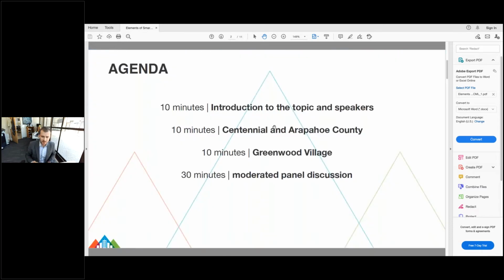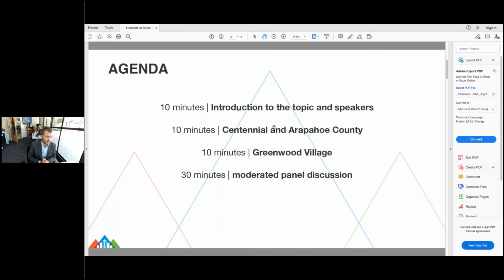So ultimately the agenda for today, just so you know what to expect for the next 60 minutes or so, I'm going to briefly frame the discussion today and give you a flavor of what we mean by elements of smart government. And then I will introduce our two groups of speakers today, the City of Centennial and Arapahoe County, as well as the City of Greenwood Village.